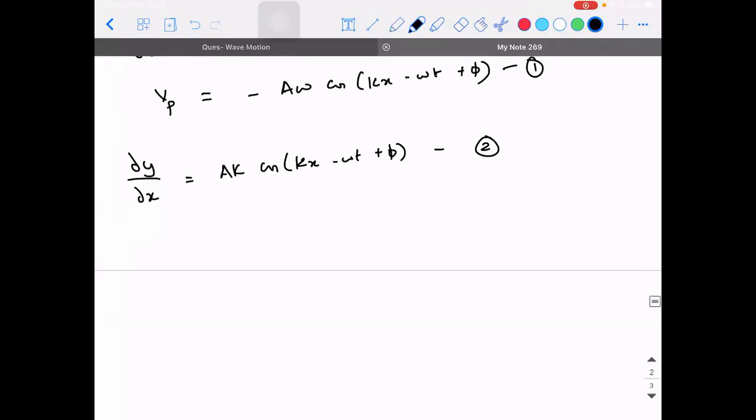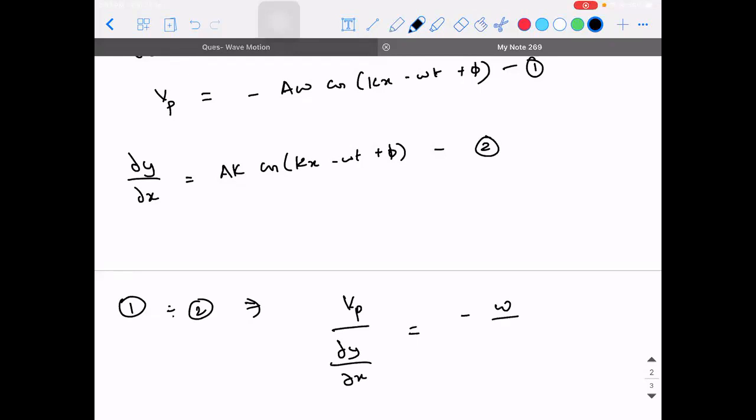Now listen. If I divide the second equation with the first, what am I going to get? Okay, I'll do one thing. I'll divide the first with the second. You do not necessarily have to remember which one is to be divided by the other; you can try whatever you want. So velocity of particle divided by dou y by dou x is equal to, what will get cancelled and what remains? Cos of kx minus omega t multiplied with A will get cancelled.